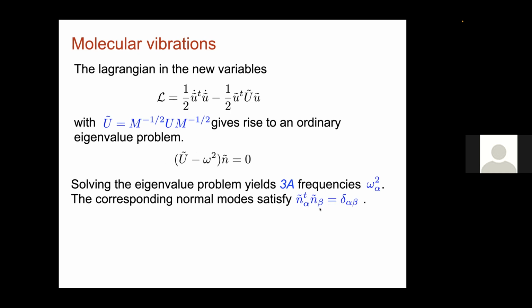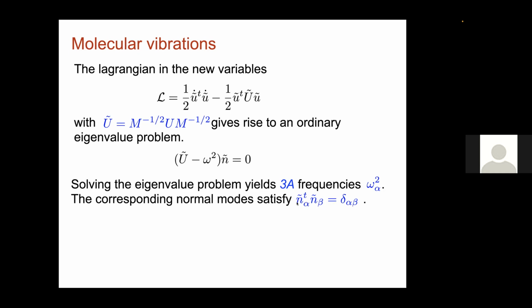But of course, you know that 6 of these frequencies are 0 because they correspond to uniform translations or global rotations, okay? This, you know that when you diagonalize a Hermitian matrix, the eigenvectors are orthonormal.